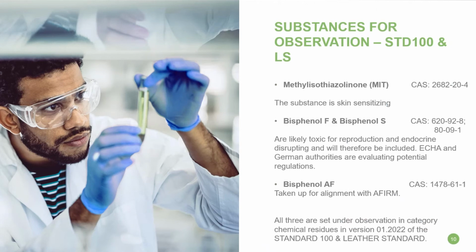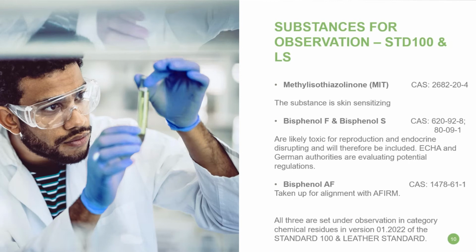So those are the substances we added to our RSL, and we have some more that were added under observation for both the Leather Standard and Standard 100. These include MIT, which is a skin sensitizing substance, and bisphenol F and S, which are likely toxic for reproduction and endocrine disrupting, and will therefore probably be included.